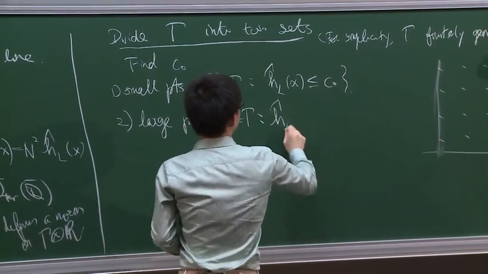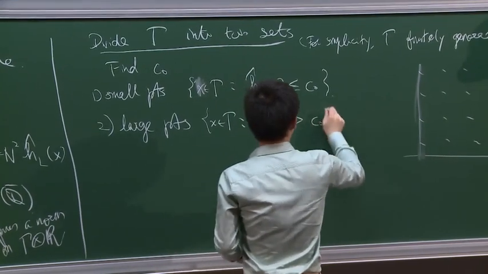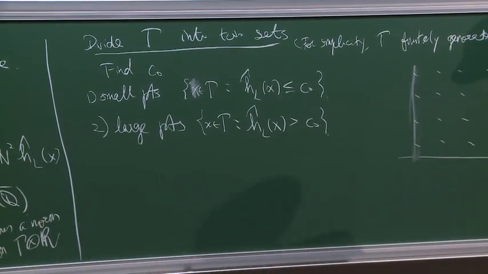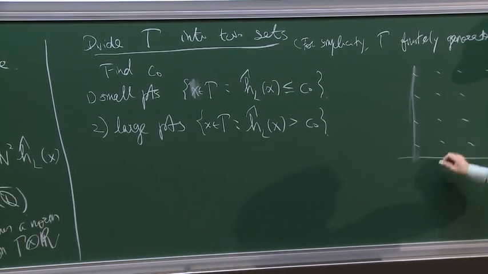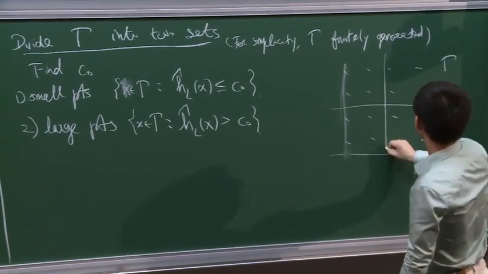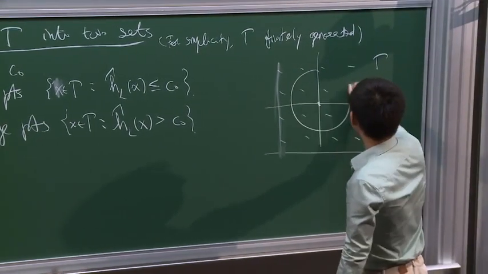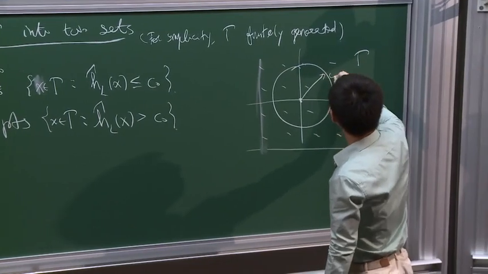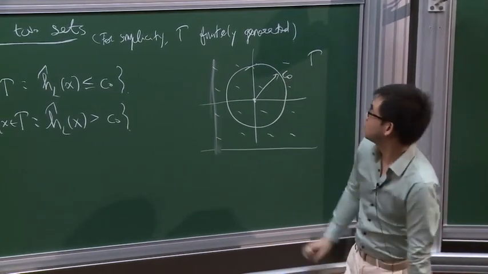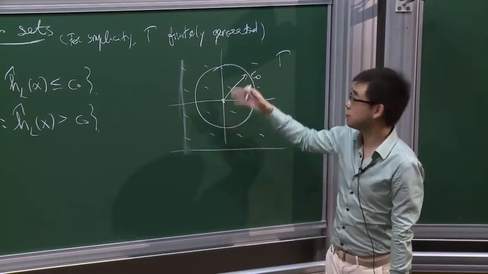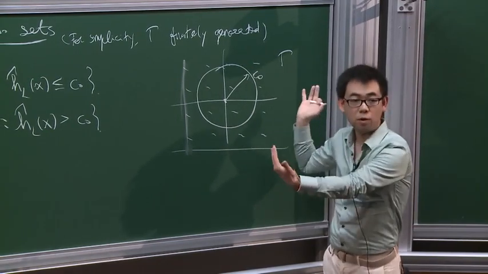So you may guess, it is the points with height larger than this number. Okay, now say this is the origin, and C0 is here, the radius. Now, the set of small points is here, the set of large points is outside this ball.